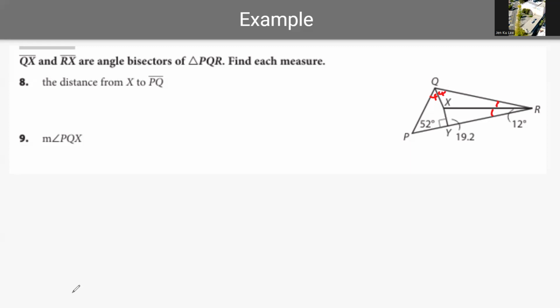So I gotta figure out this guy here. I'm gonna label that X. I have to figure out PQX, so I gotta figure out one of these guys. I'm gonna label that Y degrees. Oh, that's not degrees. X is not degrees, that's just the side length.